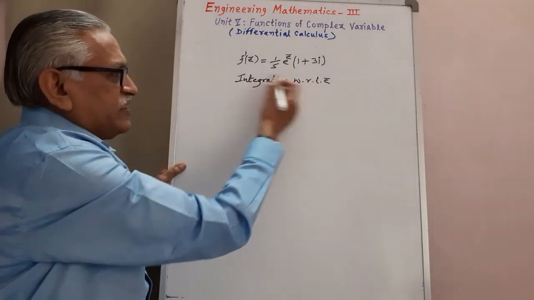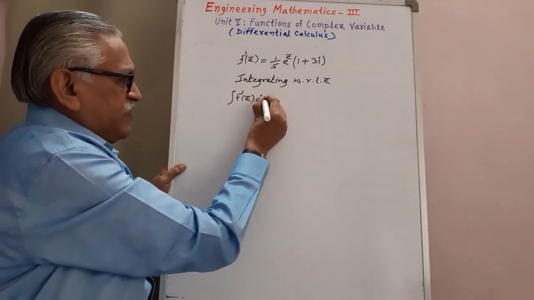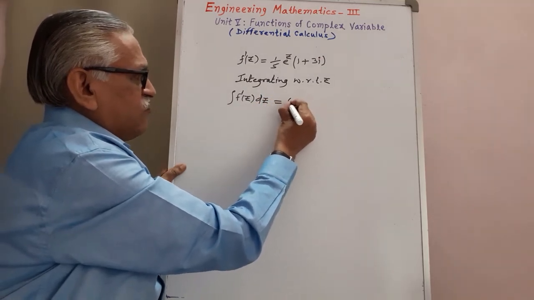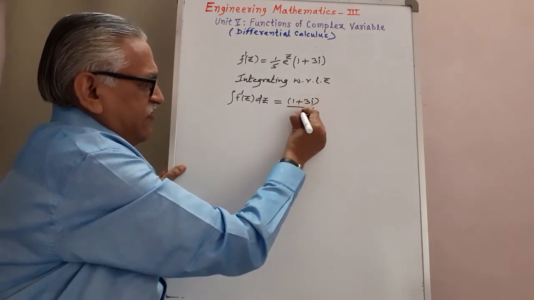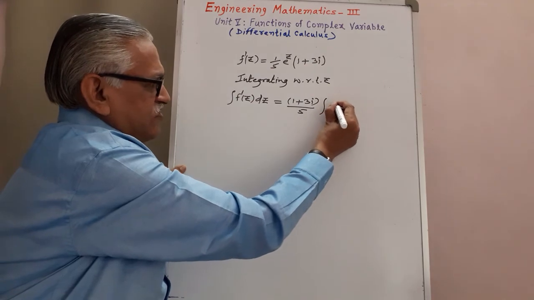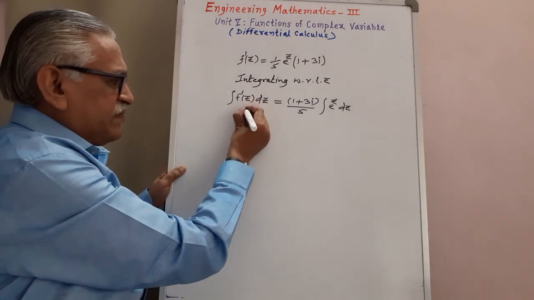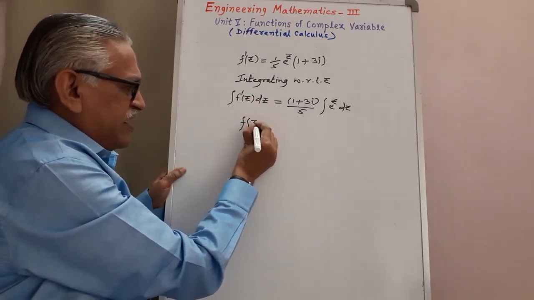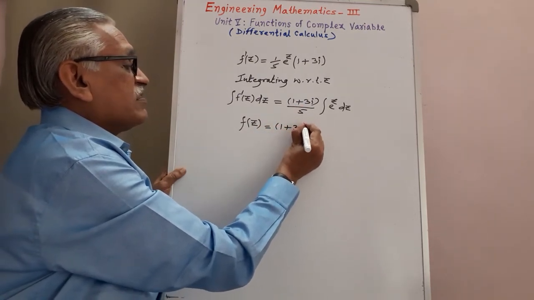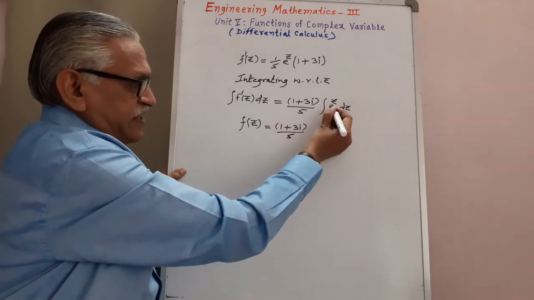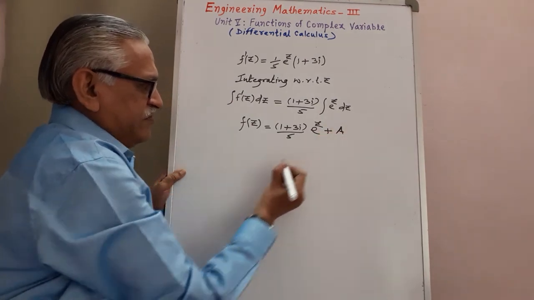Integrating with respect to z on both sides, we get the integration of f'(z) with respect to z, which is f(z), the required analytic function. Here (1 plus 3i)/5 is a constant term, the integration of e^z is e^z, plus the constant of integration C.